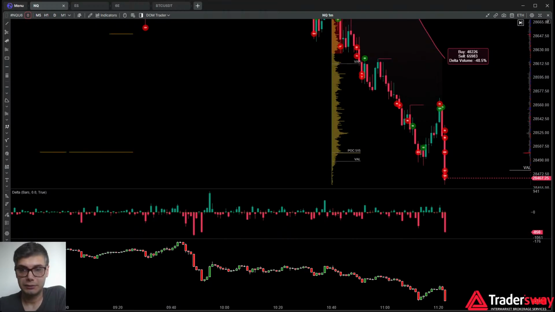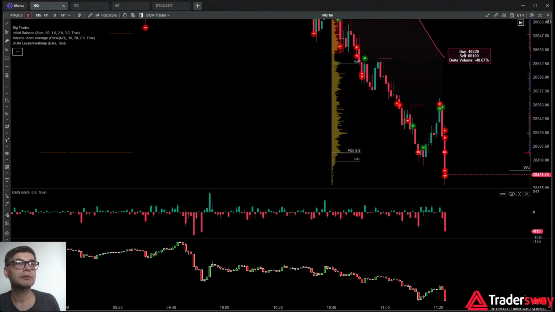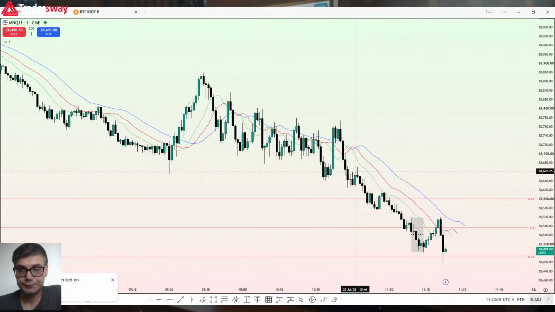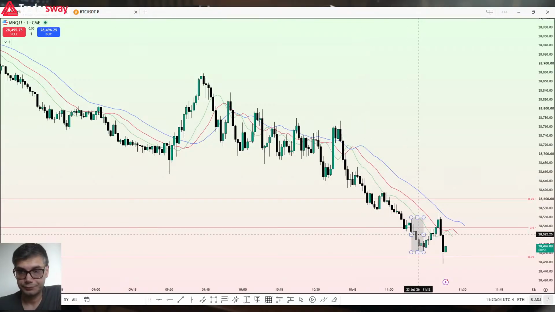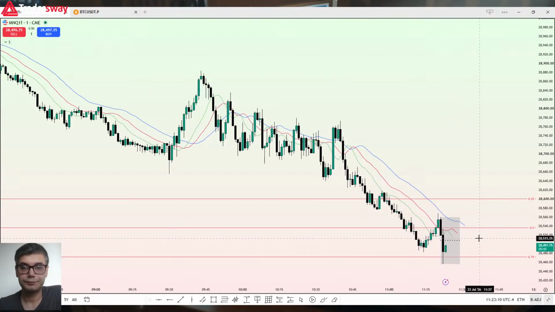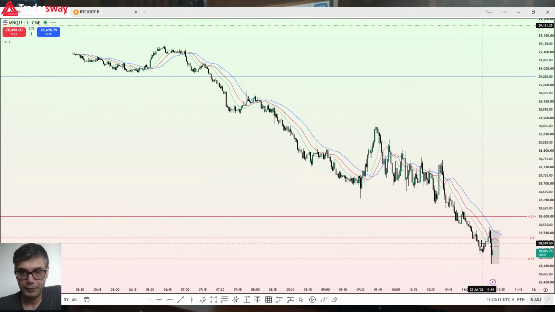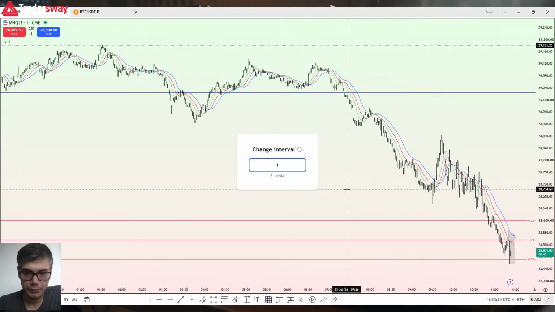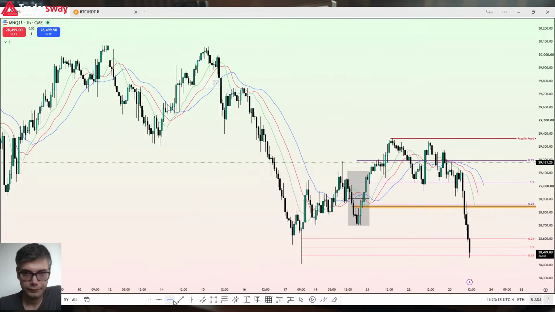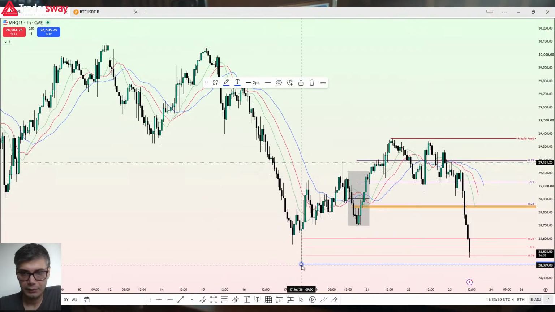Look at that. Stopped on that trade. All right. Where is the low of that 1 hour candle? That's the low.